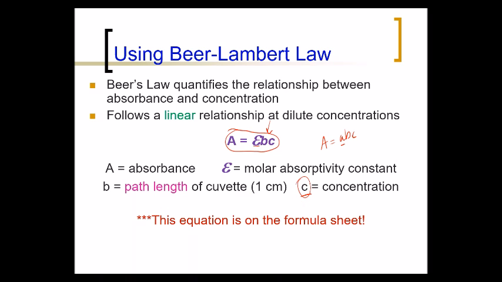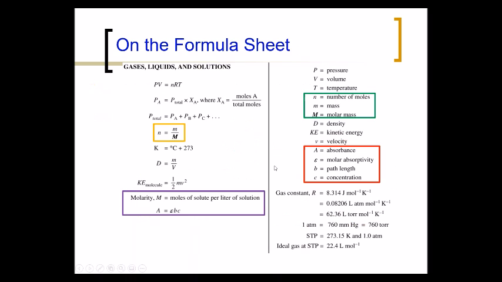The equation is on the formula sheet. If you're looking at your formula sheet, we have molarity, we have Beer's law, we have the definitions of these different terms. Also, later at the end of the lab, you'll be calculating moles and grams. So the molar mass equation, moles equals the mass over the molar mass, and so forth, will also be utilized in this lab.